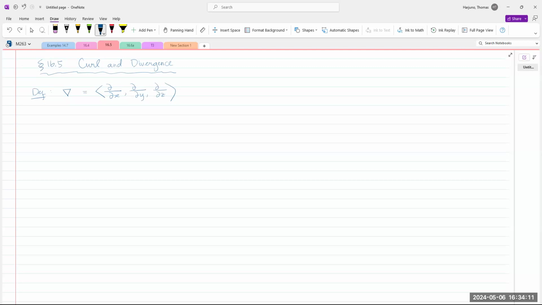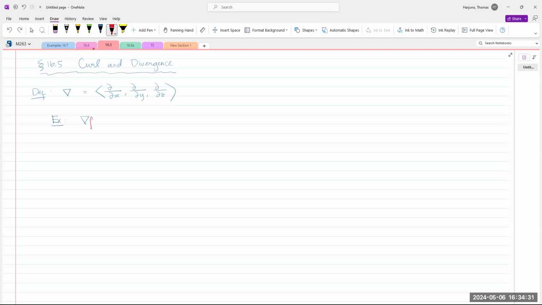Now, you may wonder what this notation is about. We have used this notation in the past for the gradient, right? The gradient notation, for example, at that time we had the gradient of f. Let me write it this way.